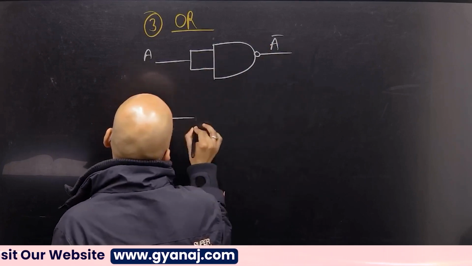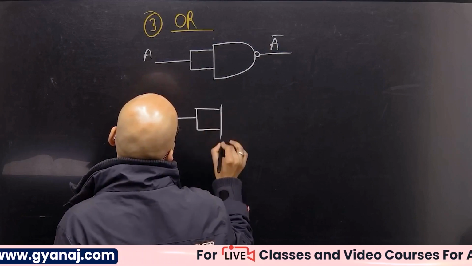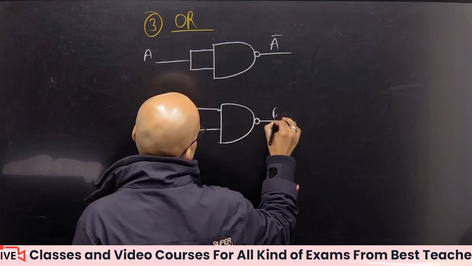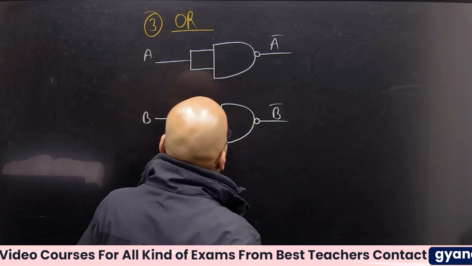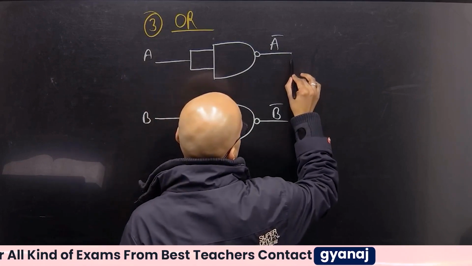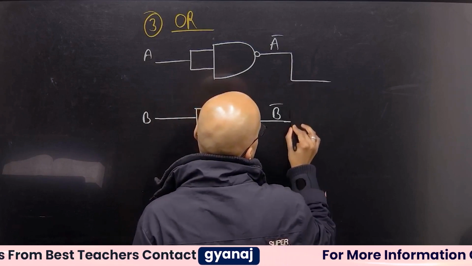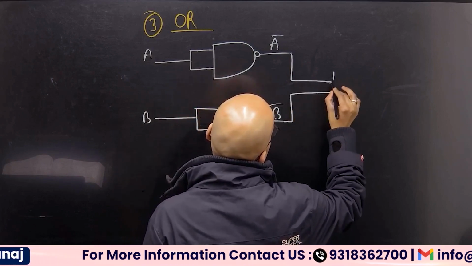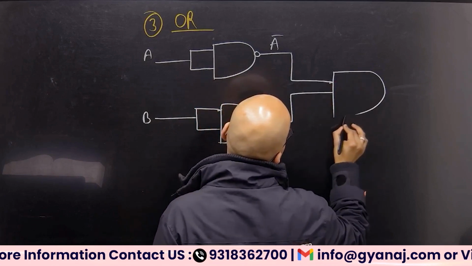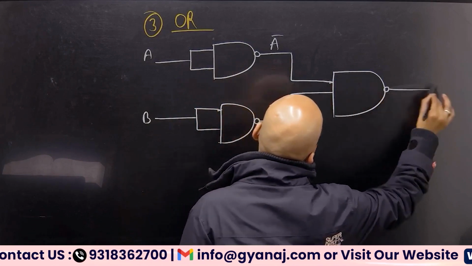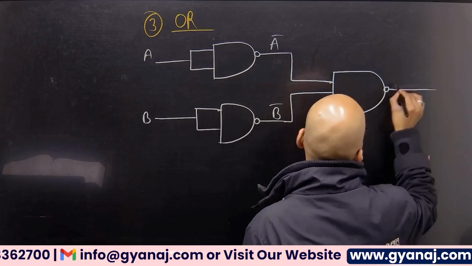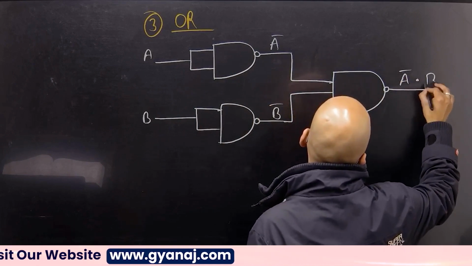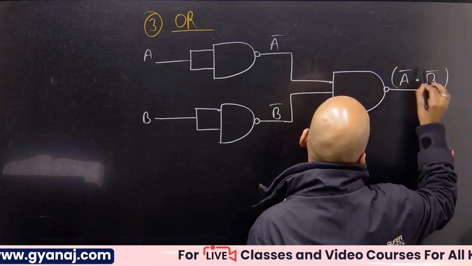This is B. Again feeding it to a NOT drawn with the help of NAND. And now I am going to feed these two inputs, that is A bar and B bar, to my NAND operator. So what will I get? A complement dot B complement and whole complement.